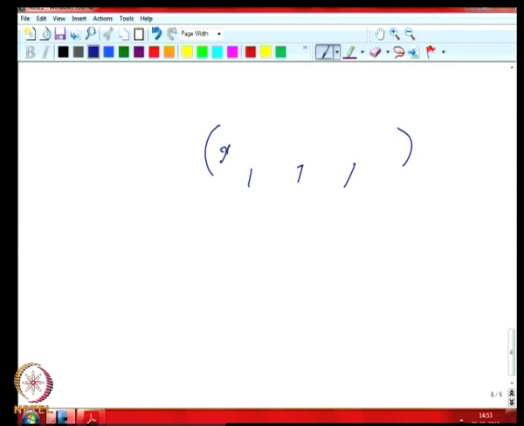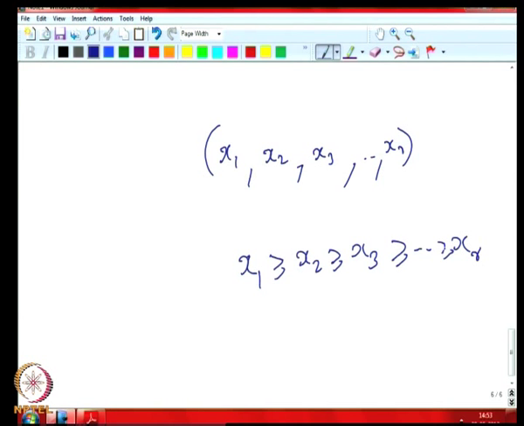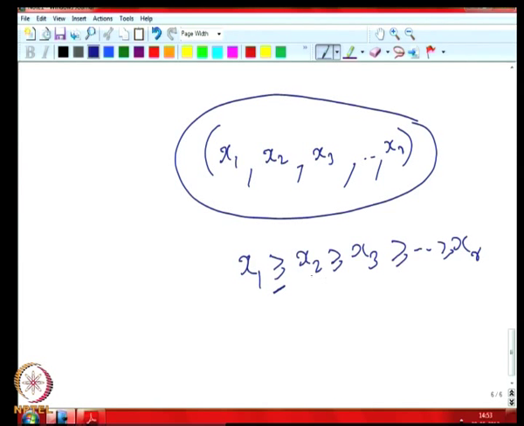Say x 1, x 2, x 3, up to x r should be selected in such a way that x 1 is greater than or equal to x 2, greater than or equal to x 3, up to x r. Once you select these things, the issue is that you can have equal values. So from 1 to n you just select r numbers, but some numbers can repeat.